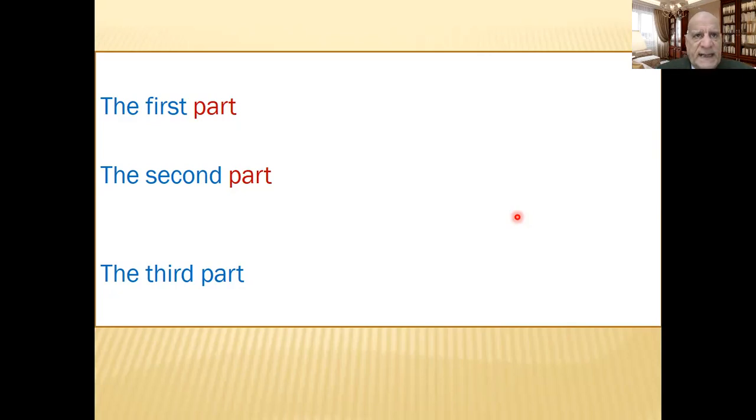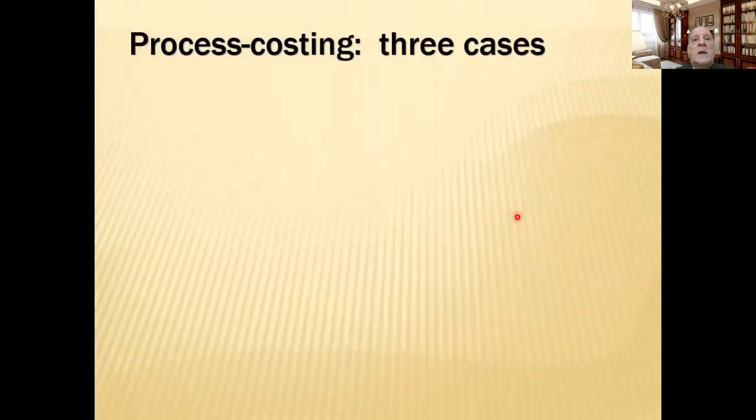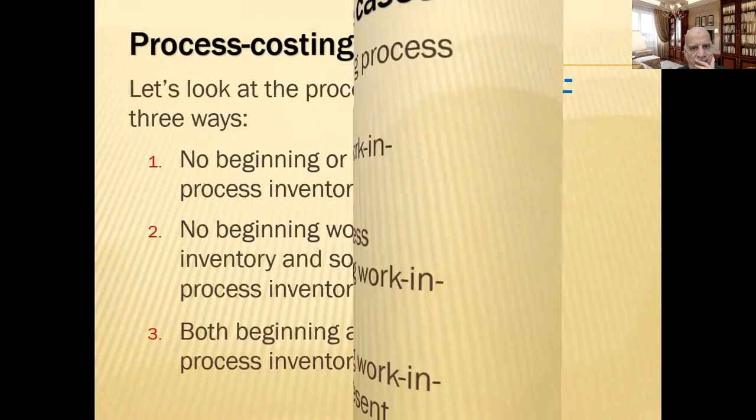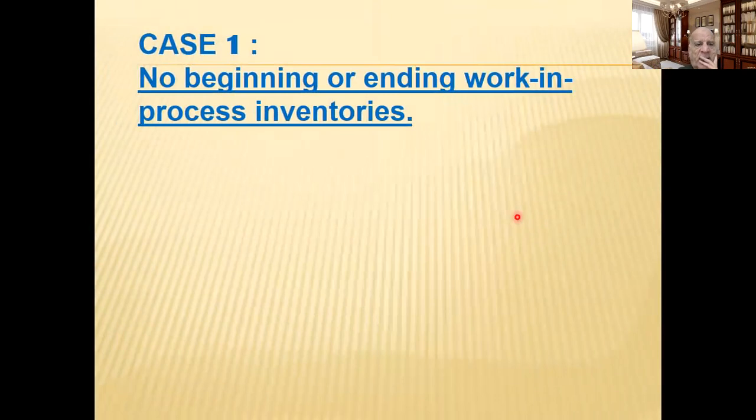Let us now see case number 1. Process costing case number 1. Assuming that we don't have beginning or ending work in process inventory.